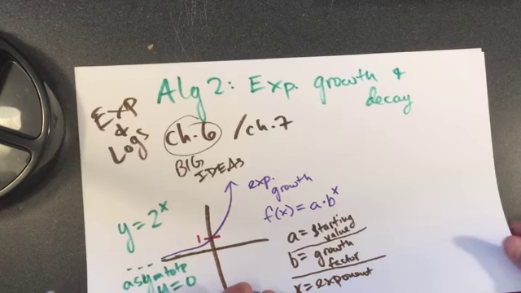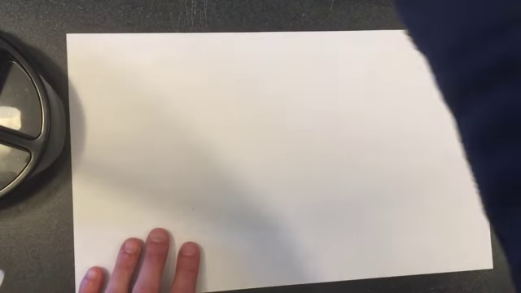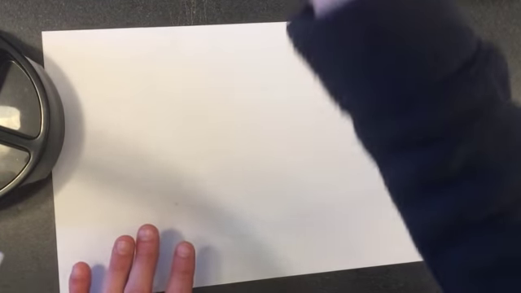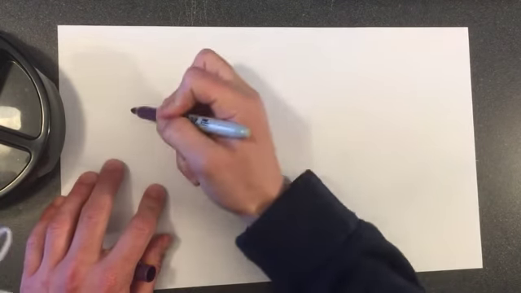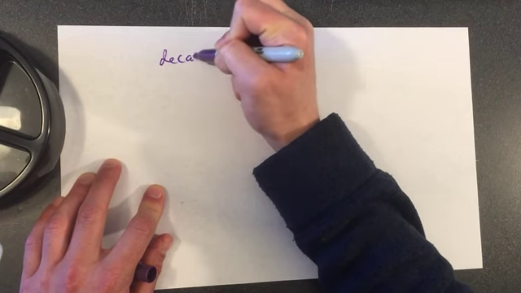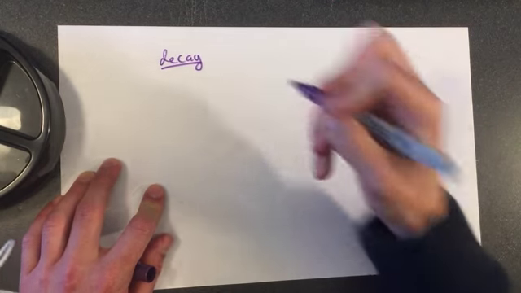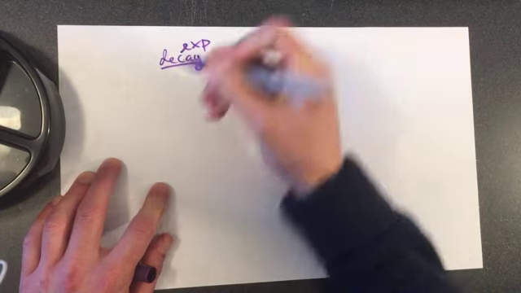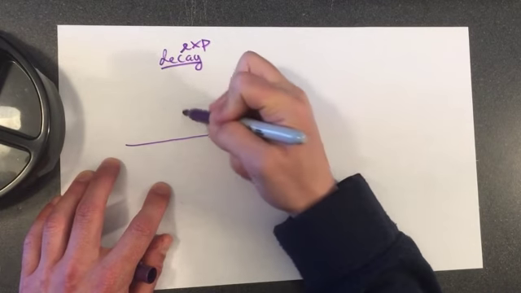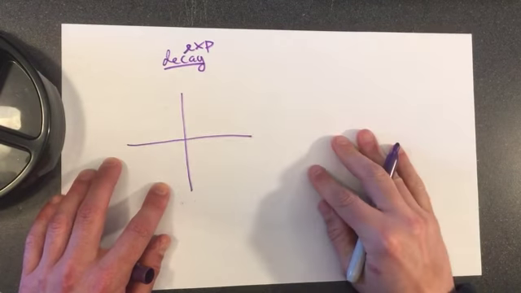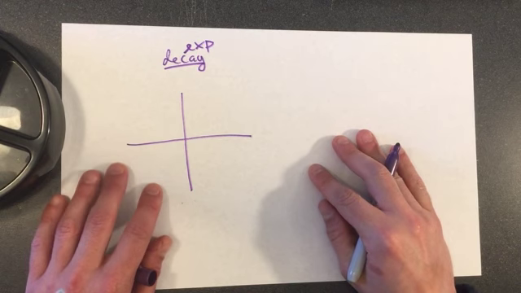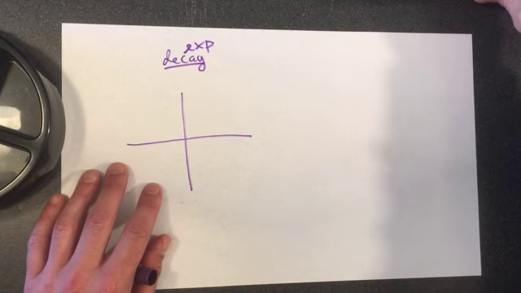Let's talk about the other side of the coin, which is decay. Of course, decay is sometimes good. So we'll talk about exponential decay here. If you want to take notes with me, hopefully my xy coordinates don't look as bad as the other one.